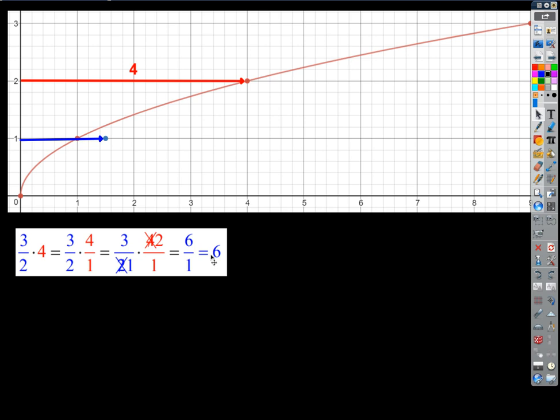Okay, why did that happen? Why did the 2 on the bottom cancel in this case? 4 was a convenient number to use. How come? Because I could, and what told us that we could? Okay, 4 is a multiple of 2, right? And why is 2 important?